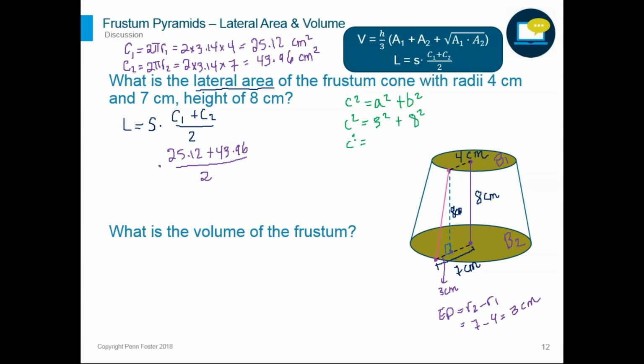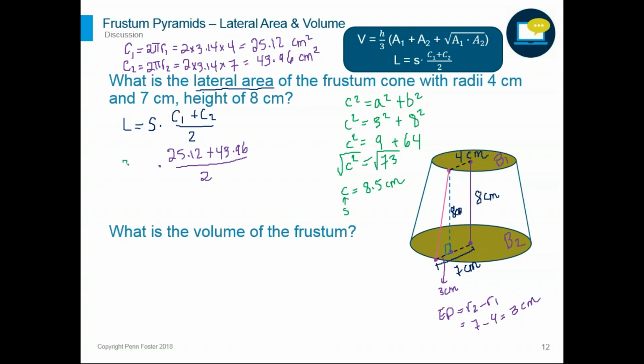So c squared equals 9 plus 64, because 8 times 8 is 64. That gives you 73. Take the square root of both sides, so we find the slant height, or the hypotenuse. The square root of 73 is 8.5 centimeters, and that is the slant height that we need.